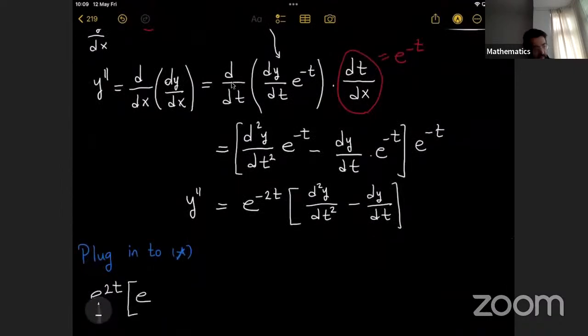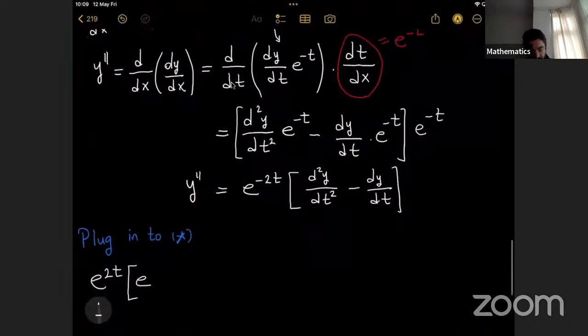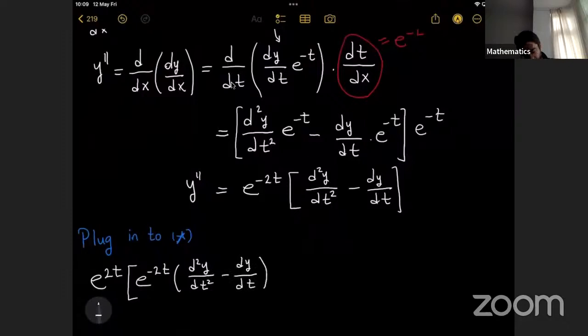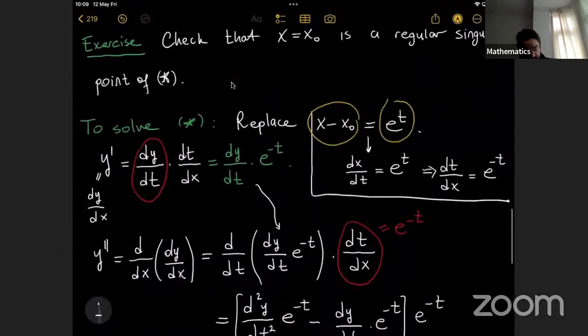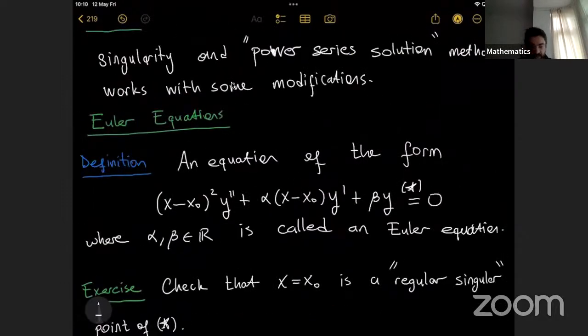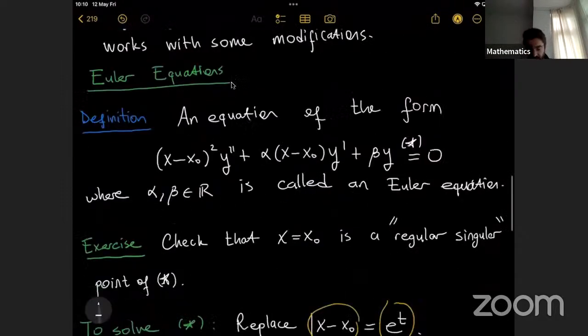E to the minus 2t times d square y dt square minus dy dt. So this is one thing. Plus, next, it's alpha times x minus x0 times y prime, right?